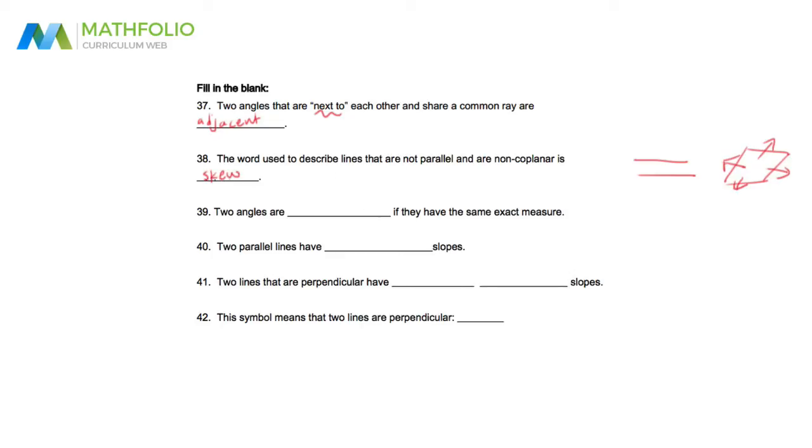A really good description of lines that are skew is if you imagine that you're looking up in the sky on a very sunny day, and you see a plane that is going this direction, and the jet stream leaves a line in the sky this way.